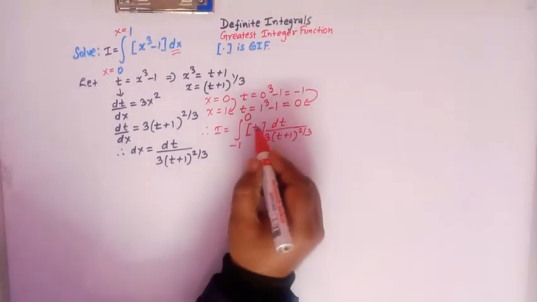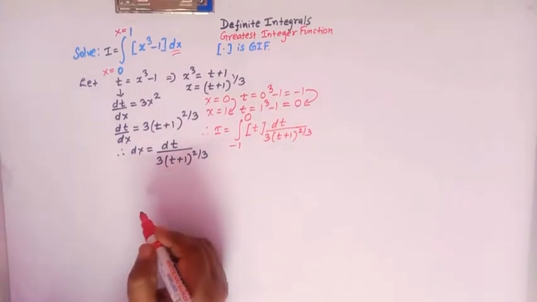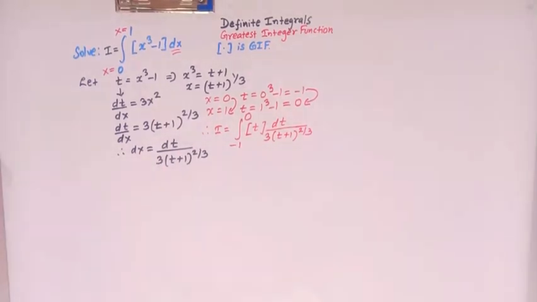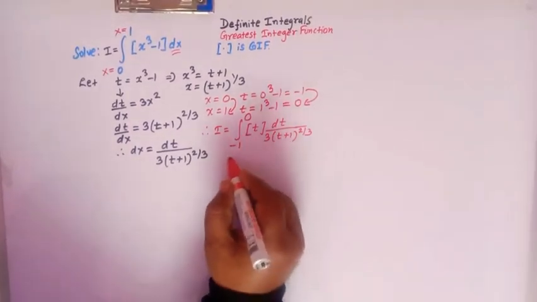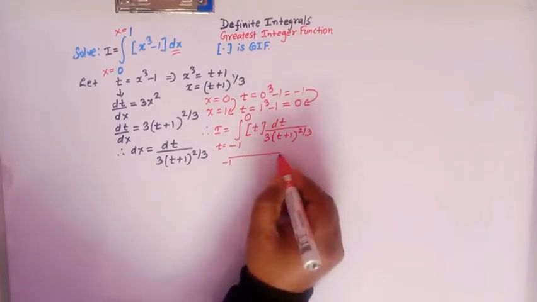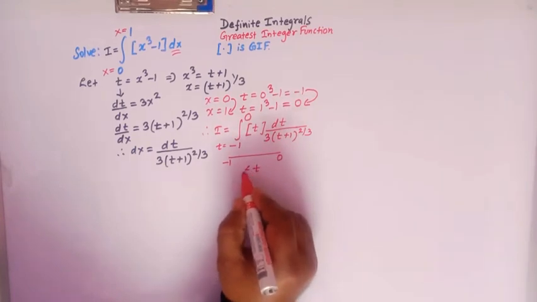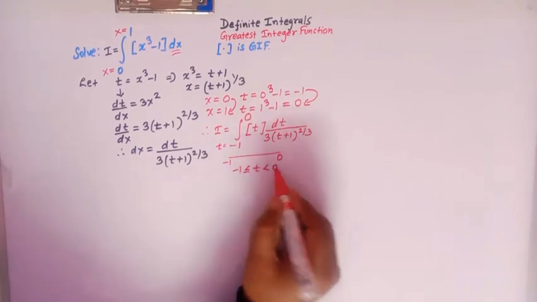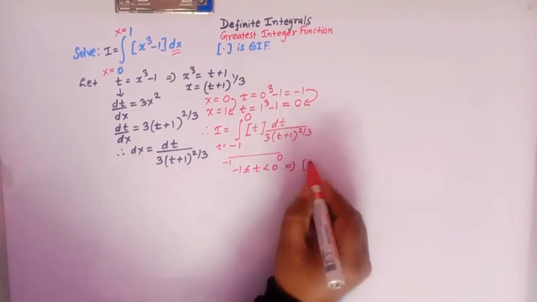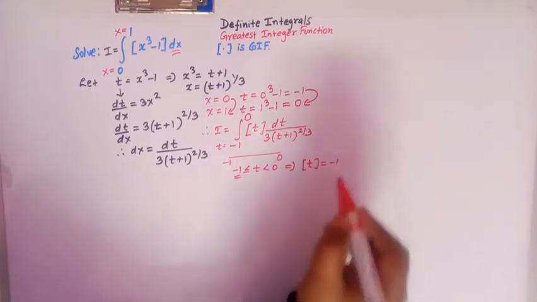Now here we have to make use of the definition of the greatest integer function. We see that t lies between minus 1 and 0, and when t lies between minus 1 and 0, the value of the greatest integer of t is equal to minus 1.